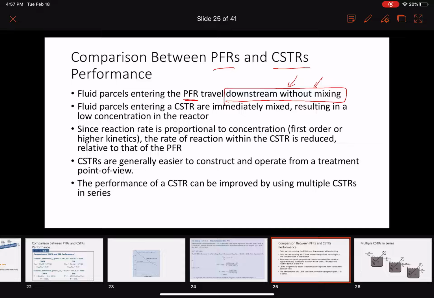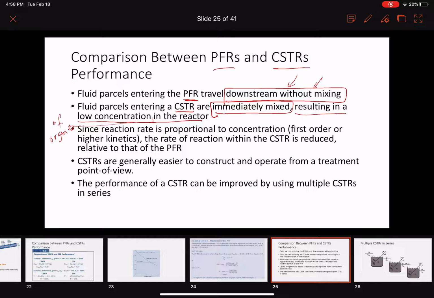The fluid entering the CSTR or CMFR is immediately mixed, resulting in a low concentration of organics in the reactor.